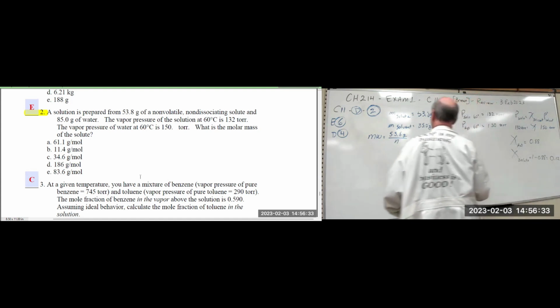Okay. You know what? We don't even need this. Because what's the mole fraction of water?